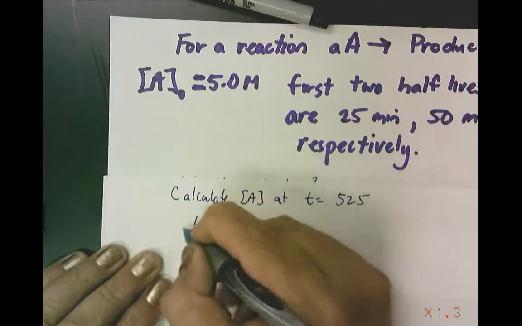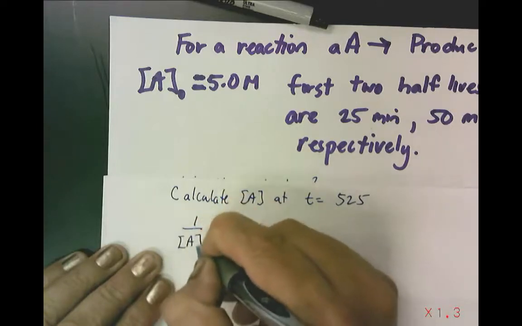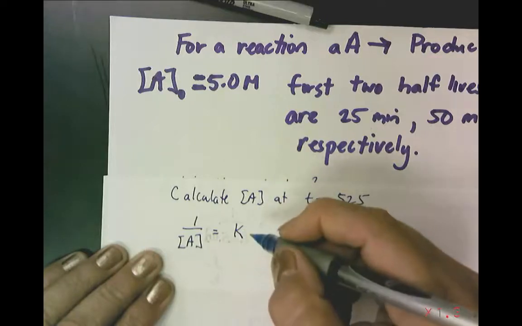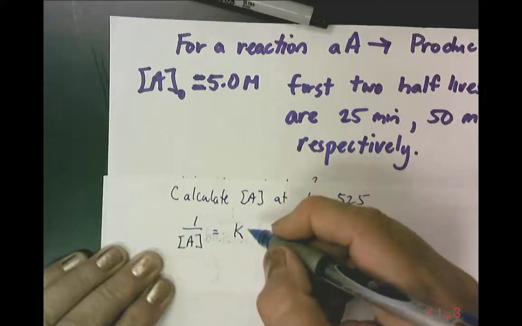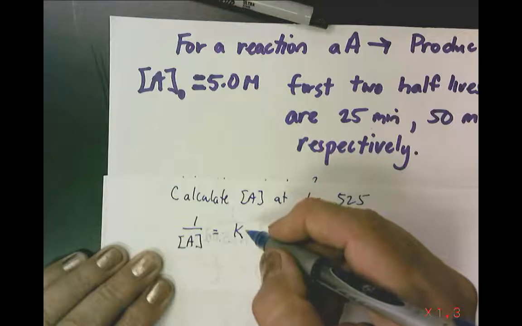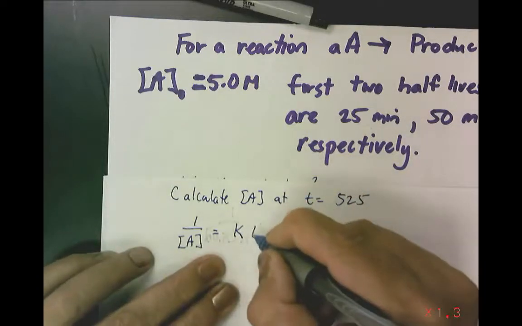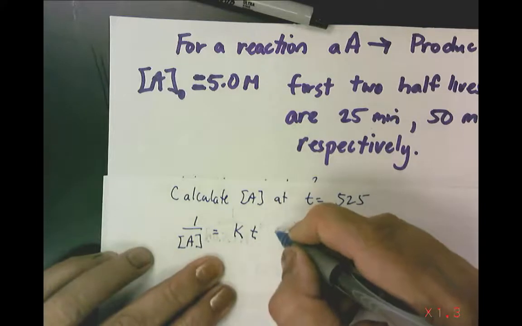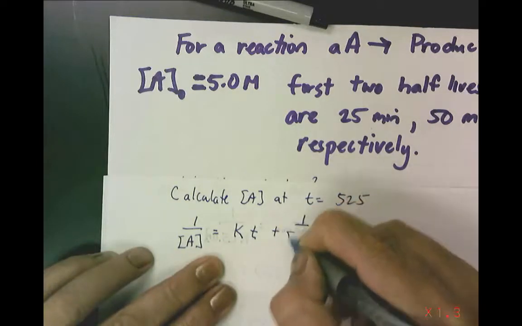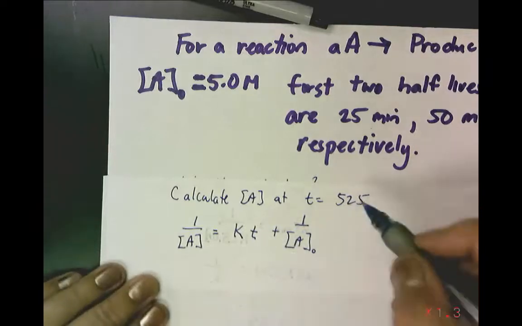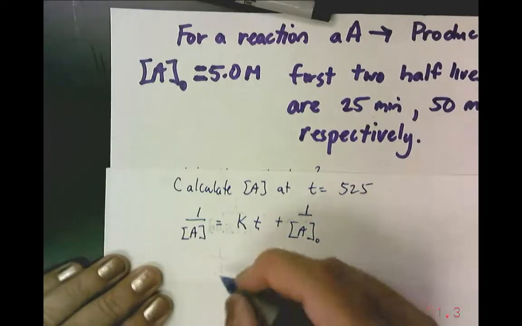And I know it goes 1 over A equals k, let's see, is k negative or positive? I think k is positive, just had a brain fart, and then times t plus 1 over original concentration. Now we just plug in our values.